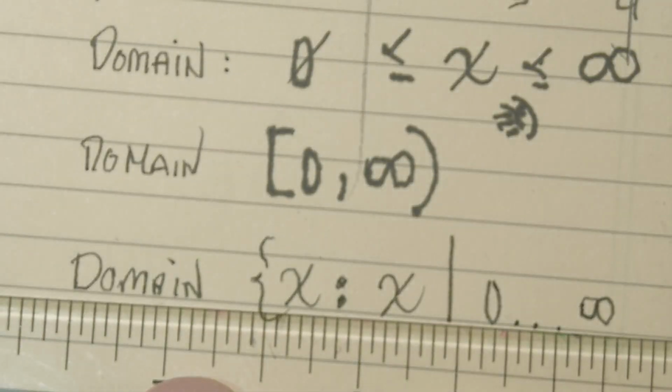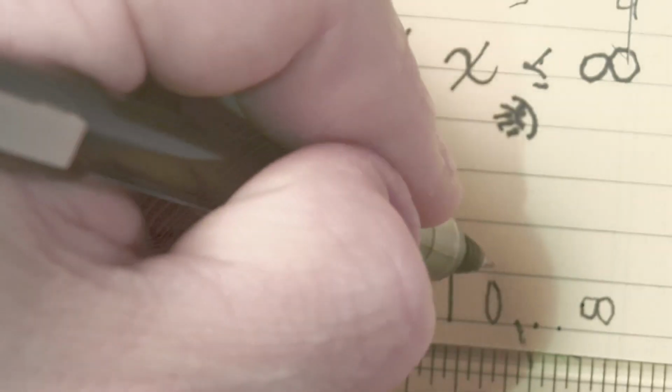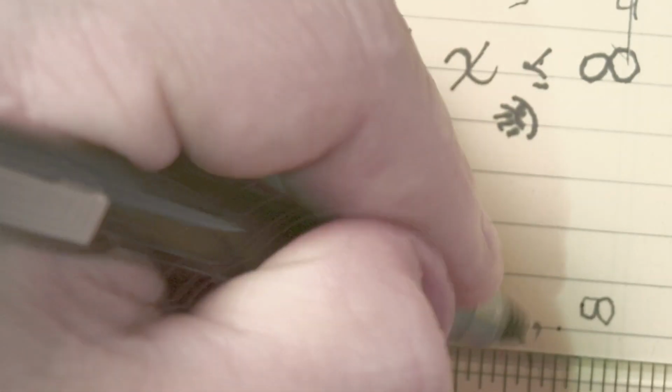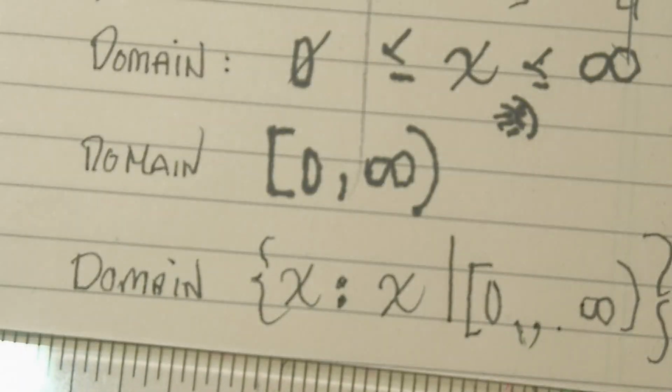You could say 0 dot dot dot infinity. Okay, that's one way of putting it. Or you could put this in there, 0 comma infinity, and combine the two like that.